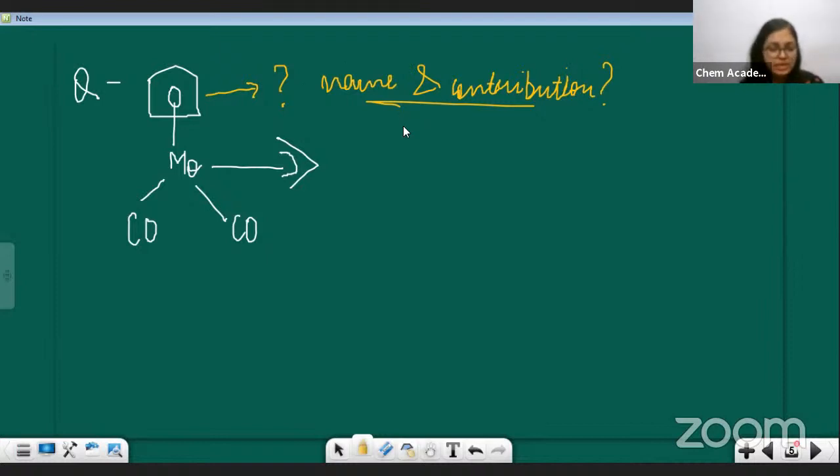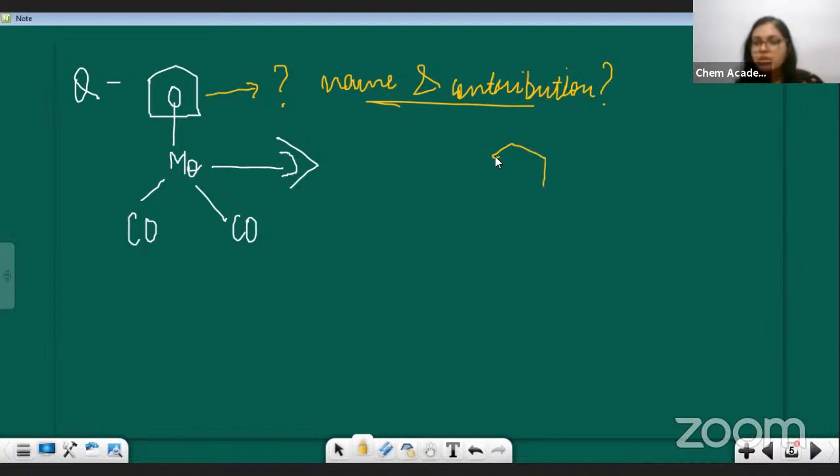Okay, Anuj Chauhan says that its contribution is going to be 5. PK45 says cyclopentadienyl. Suresh says CP. Aman Sharma, it is not cyclopentadiene, it is cyclopentadienyl. All right, you're absolutely correct. This is CP, cyclopentadienyl.